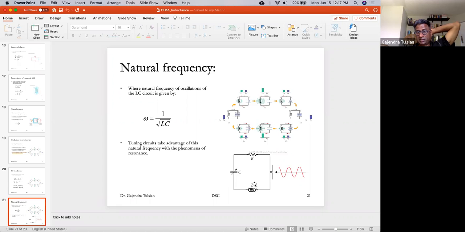So let's say this circuit has a frequency of 100 megahertz, and there are multiple signals in the room: a 100 megahertz signal, 101 megahertz, 102 megahertz, and so on. If the driving frequency is equal to the natural frequency, it can set up large amplitude currents.